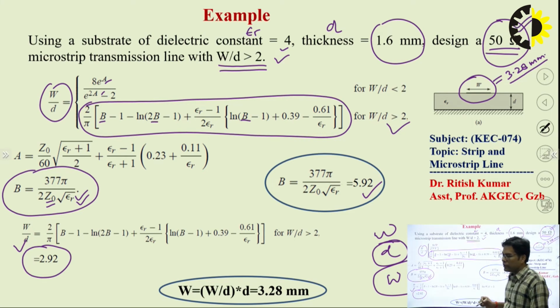So the question arises here, why in most cases we consider 50 ohm here? Because most of the connectors available in the market are for 50 ohm impedance. If you apply the source with the help of connectors, it can be possible to have some kind of mismatching in the impedance of the connector and microstrip line.